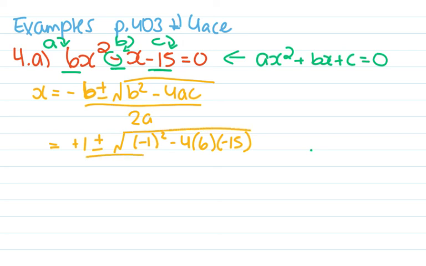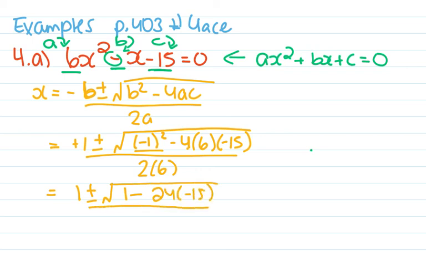Square root of all of that divided by 2a, a is 6. So now I'm going to simplify the part underneath the square root sign. So I'll have negative 1 squared is 1, because negative 1 times negative 1 is 1, minus 4 times 6 is 24, times negative 15, divided by 2 times 6 is 12.